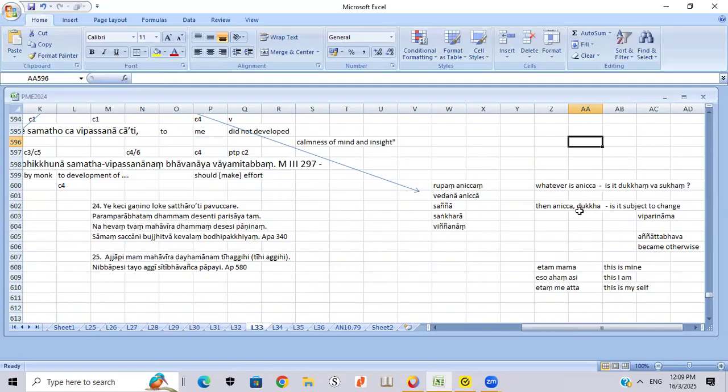After Rahula became a novice monk and practiced up to a certain age, the Buddha said it was time for Rahula to gain enlightenment. The Buddha asked him the same questions: What is anicca? Is it dukkha? Dukkha or sukha? And he replied word by word. At the end of the sutta, he became an arahant. So that means you still have to practice samatha.